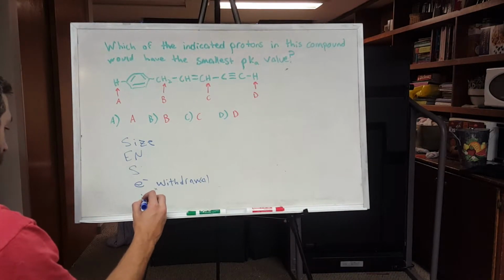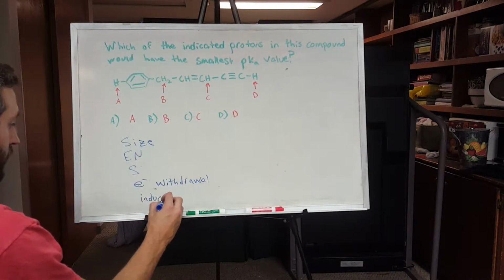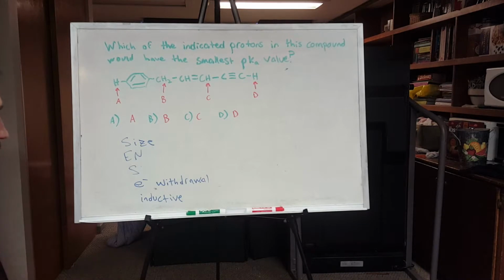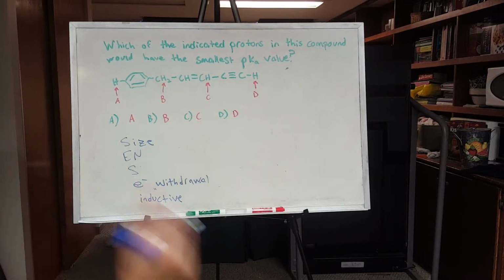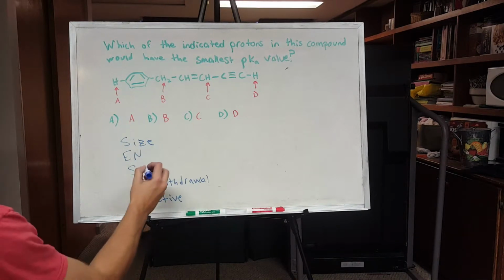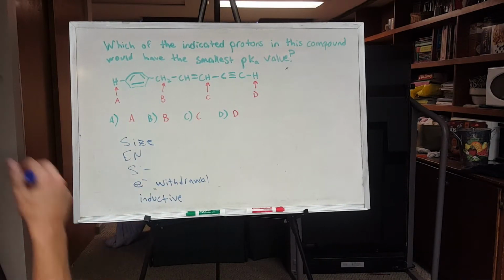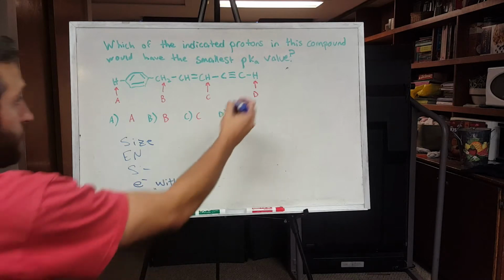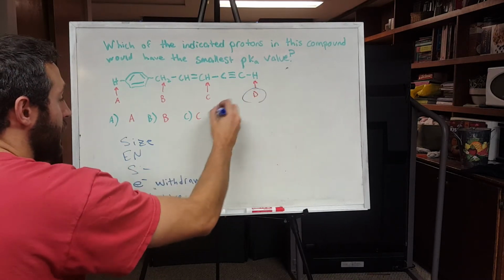And induction, electron induction. That's without resonance, just having substituents that are electronegative will draw electron density away from that negative charge. So S character is what makes D our answer.